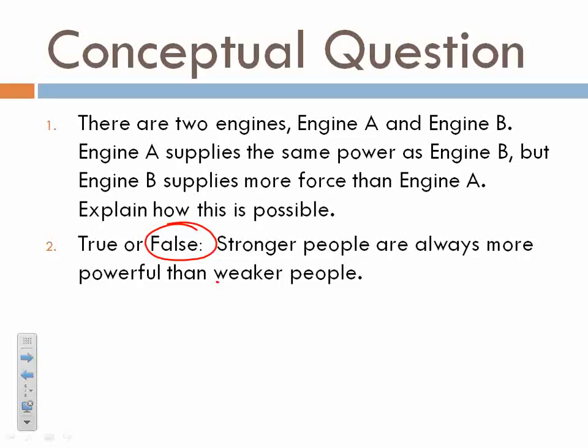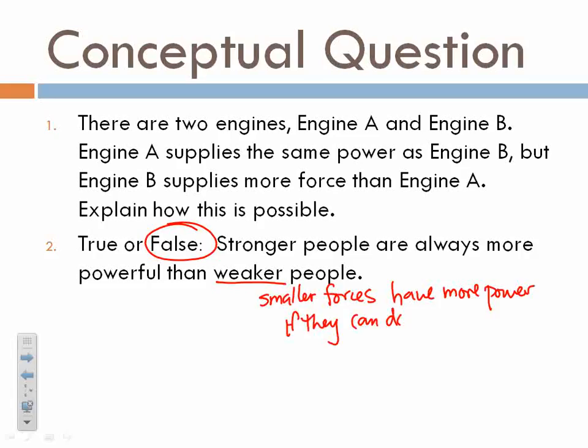So weaker people, smaller forces, have more power if they can do the work in less time. And that's because power is work over time.